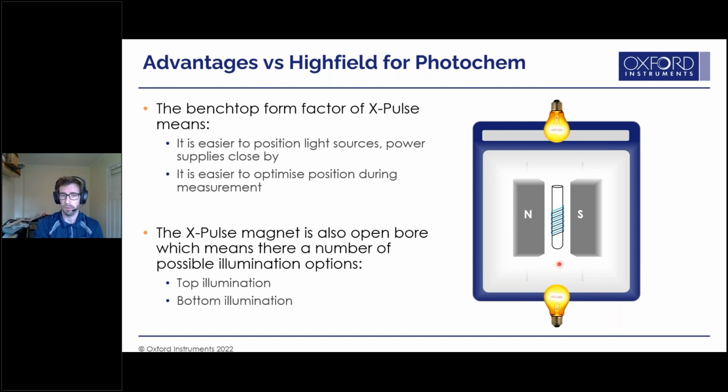Now, the design of the magnet in the X-Pulse also means that you could consider in-probe illumination. What we have is a flat pole magnet where effectively around the probe itself, you would have this sort of area where you could look to put those LEDs to provide illumination of the sample, all contained within the instrument. So still allowing you to potentially do those things like flow NMR.